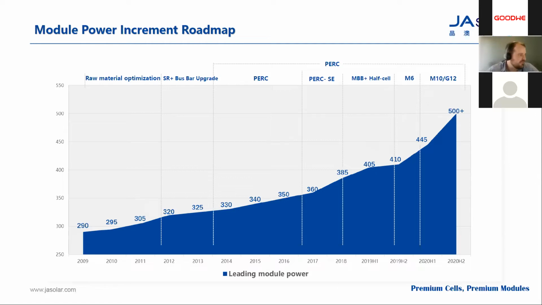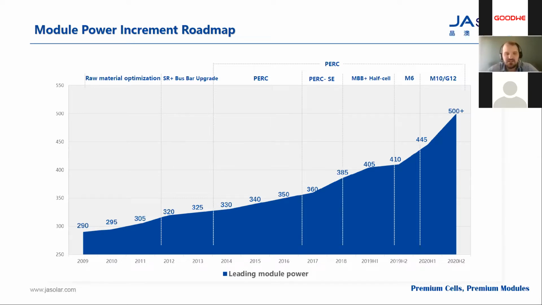In 2009, the largest cell module capacity was 290 watts, which has drastically increased to over the 500 watt threshold now as of 2020, and even further into 2022, which I'll go into more detail shortly.